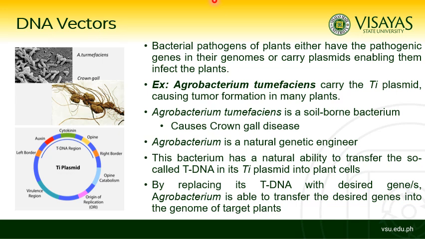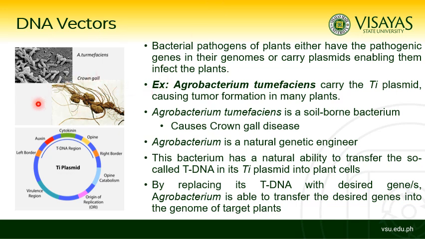This event plays the central role in this gene transfer, and this bacterial plasmid, which we call the tumor-inducing plasmid, is the one that contains the tDNA or the transfer DNA region, which carries the genes that encode for proteins involved in the production of plant growth hormones such as auxins and cytokinins. And this will cause the plant cell to proliferate and form galls.